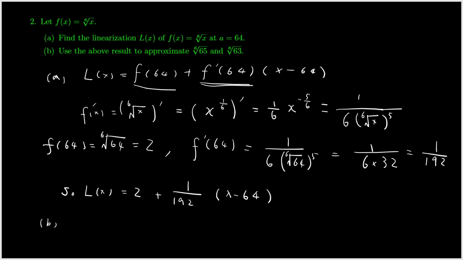In question B, again, we are trying to approximate the 6th root of 65. You connect that to the function f of x at 65. I meant 5 in here, sorry.